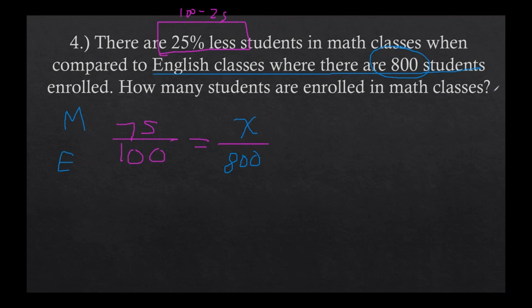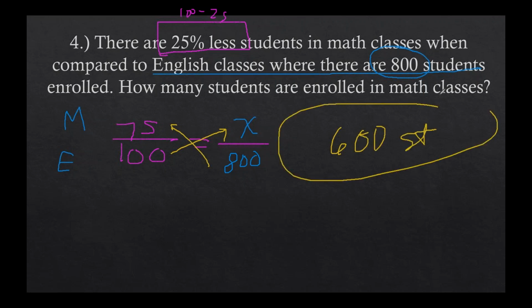Then the question becomes, do you remember how to solve a proportion? Hopefully that answer is yes. We cross multiply and divide. And very good, Stacy. We end up with 600 students are enrolled in math classes.